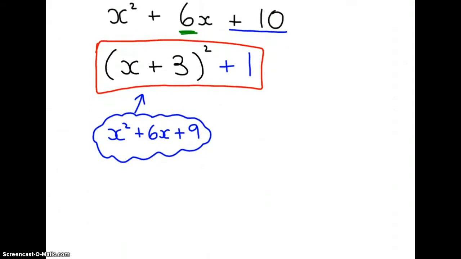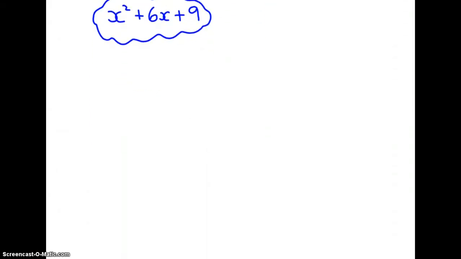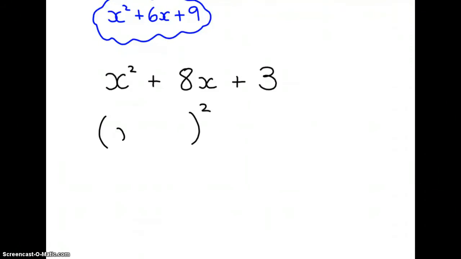I'll do one more example of that. If I had something like x squared plus 8x plus 3, say. So again, think about what needs to go in your bracket. It's got to be an x, there's still a plus here, so that's going to be a plus. And half of 8 is going to be a 4 in the brackets.